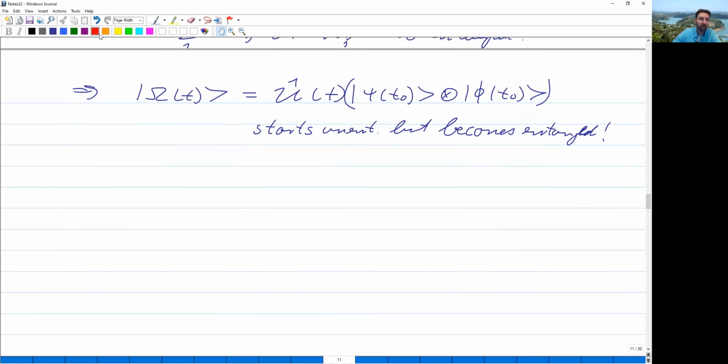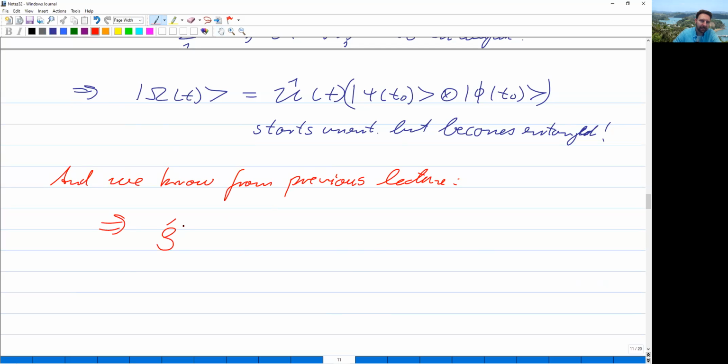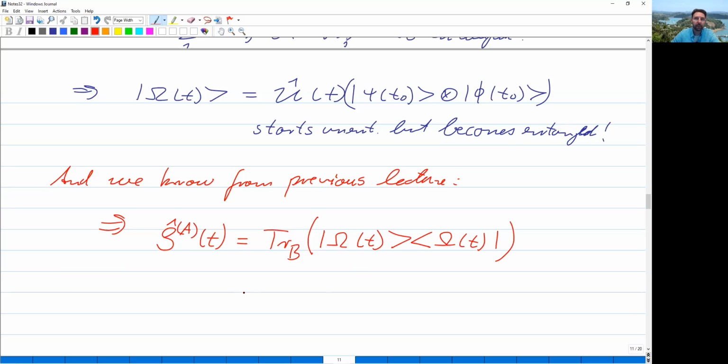And we know from the previous lecture, therefore, that the density matrix of subsystem A, which is equal to the trace over subsystem B of the time-evolved state of the total system, starts pure and becomes mixed.